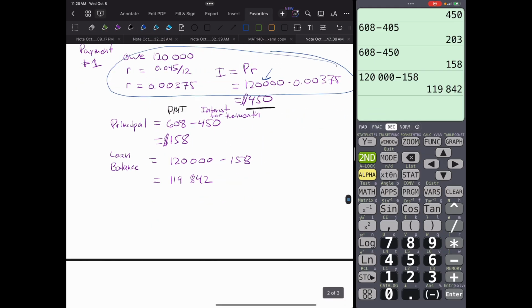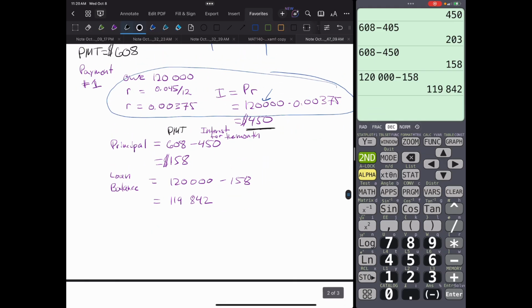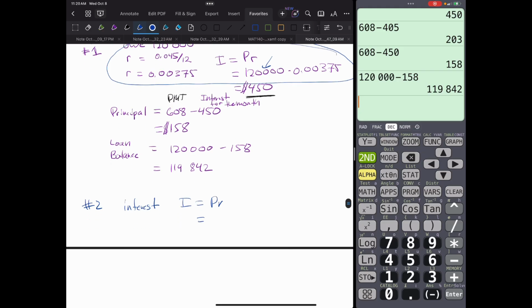What I'm going to do here is let's change colors and get our payment to number 2. So my interest, that's going to be the same. I equals PR times 1 month, but 1 month is just 1 in this case, because I've converted that to a monthly interest rate. And now I've got 119,842, not 120,000. Almost fell into my own trap there.